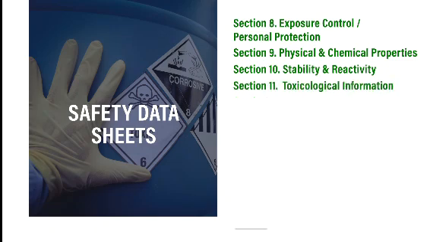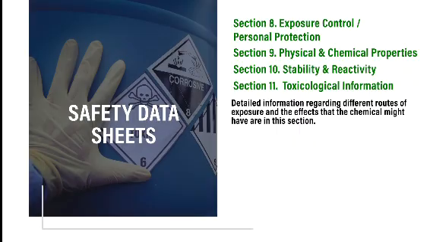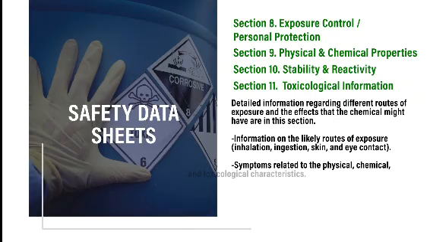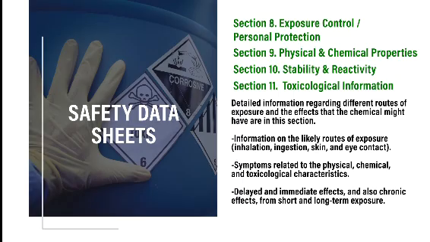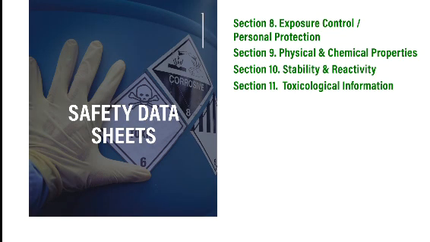Section 11 pertains to toxicological information. Detailed information regarding different routes of exposure and the effects that the chemical might have are in this section. They include information on the likely routes of exposure, symptoms related to the physical, chemical, and toxicological characteristics, delayed and immediate effects, and also chronic effects from short and long-term exposure, numerical measures of toxicity, such as acute toxicity estimates, interactive effects.